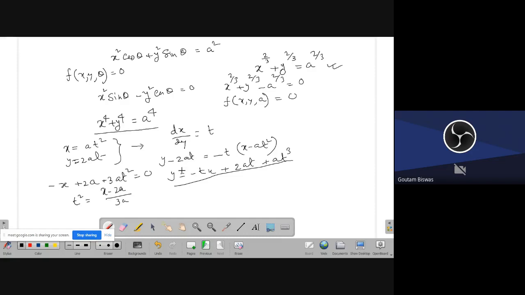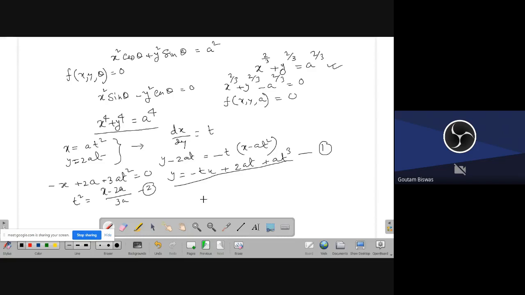Now you have to eliminate t. Say this is equation 1 and this is equation 2. So eliminate t from these two equations. Just eliminate it.